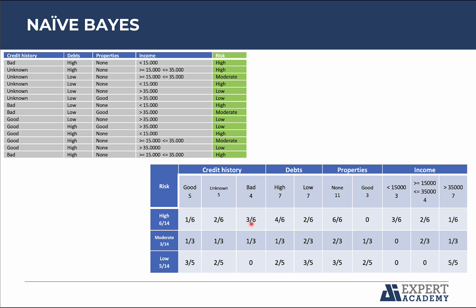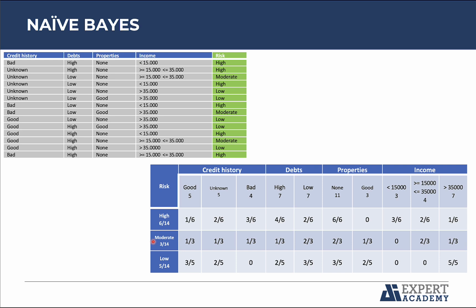There are 3 people with credit history bad and risk high. As we can see here, bad and high, bad and high here, and finally, the last one, bad and high. If we add 1, 2, and 3, the result is 6. The total amount of risk equals to high.